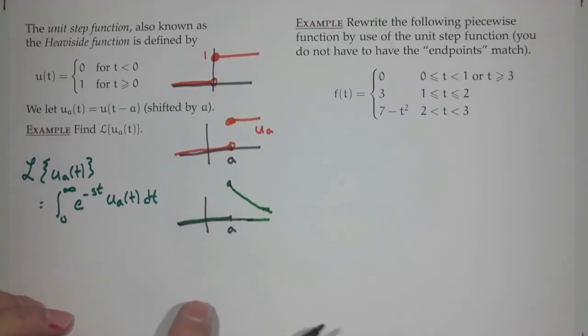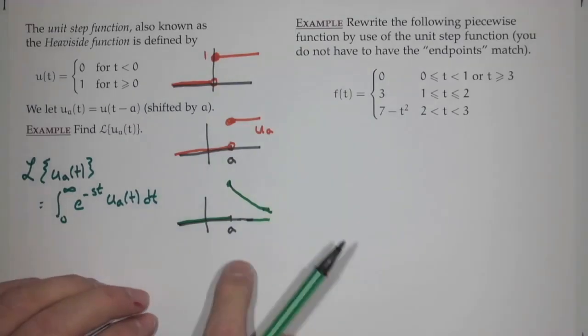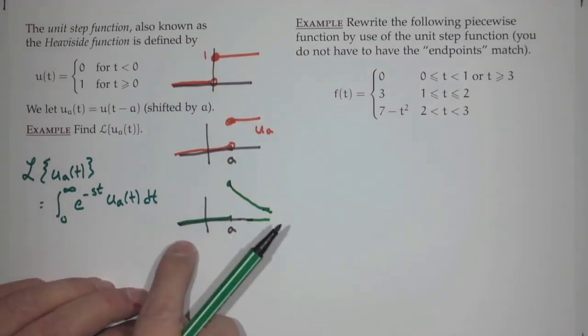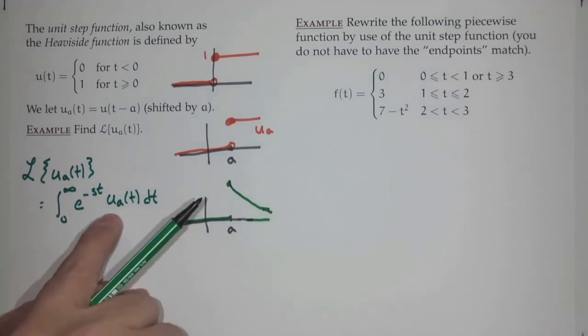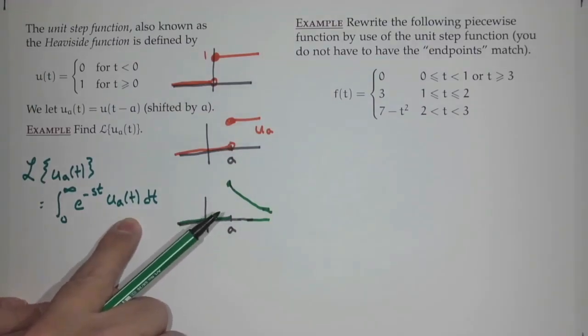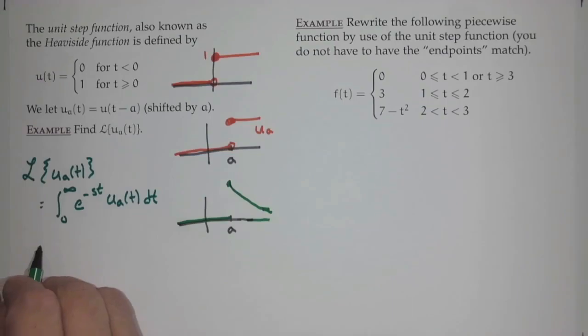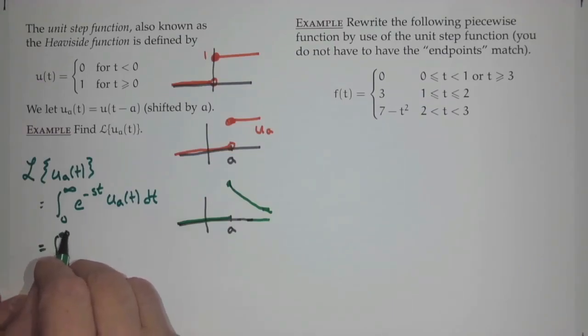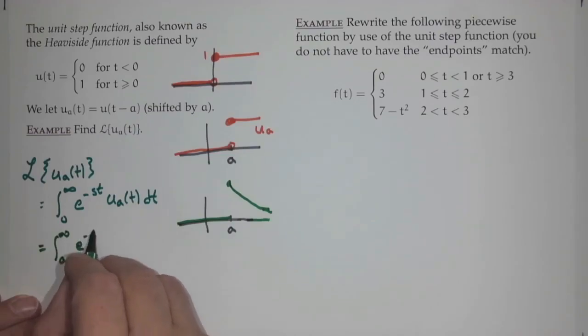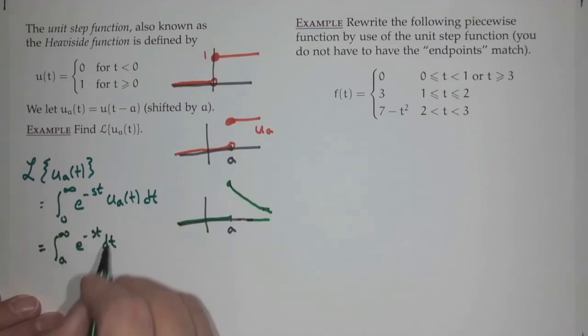But really, what piece do we care about? Yeah, a to infinity. The part up to a is going to be 0 automatically because of the u of a. So we can say this is the integral from a up to infinity of e to the minus st dt.